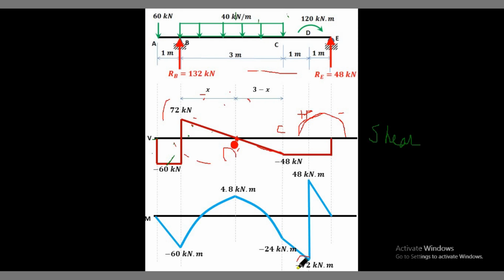Itong negative 72 na to, since there is a moment at point D, and this is a clockwise moment. Kapag clockwise, positive. Kapag counterclockwise, minus. Okay? So, negative 72 plus 120, that is 48 kilonewton meter. So, ganyan yung pag-drawing using the relationship between the load, shear, and moment diagram.